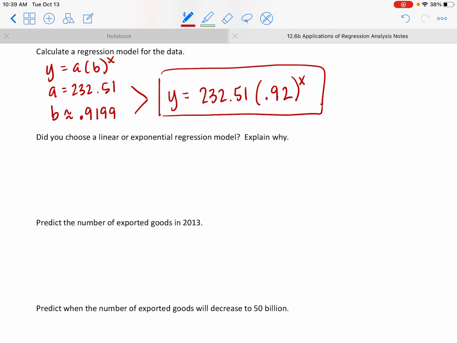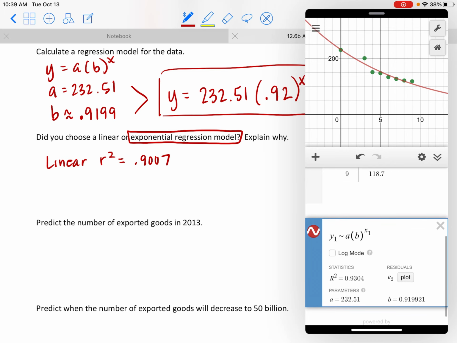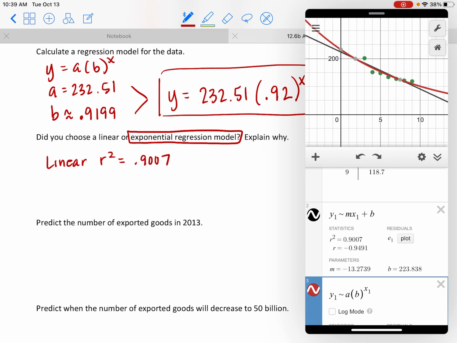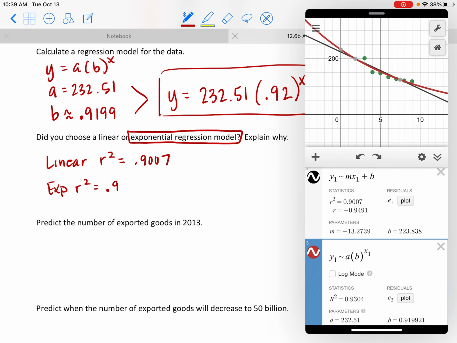Okay, and now I'm going to try to use it to make some predictions. Well, first it says did you choose a linear or exponential, and why? So we chose the exponential. And I'm just going to box that in here. Why did we choose the exponential? Well, the linear correlation was 0.9007, where the exponential r squared was 0.9304.